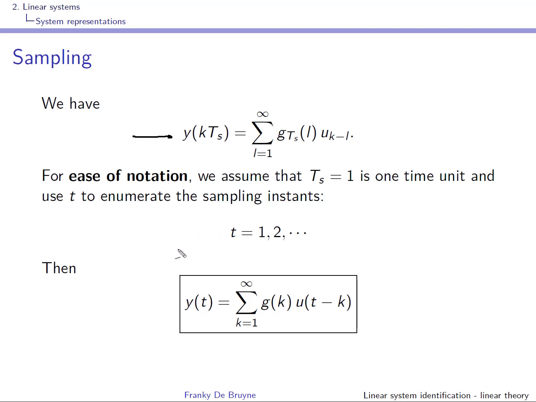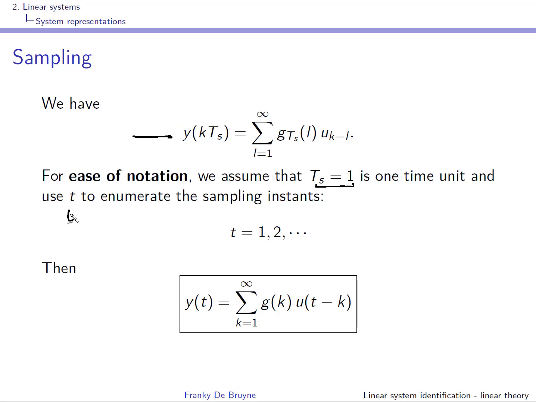We'll make things easier from a notational point of view by simply considering Ts equal to 1. Of course, later when you see expressions like that, you have to remember that in the background there is some Ts that in general will be different from 1.